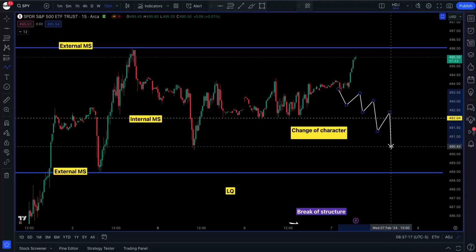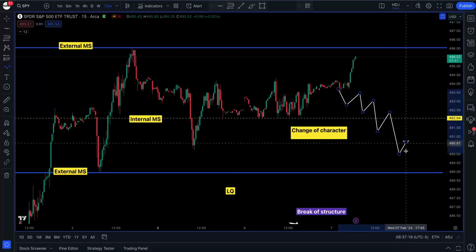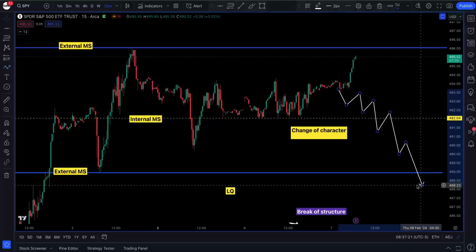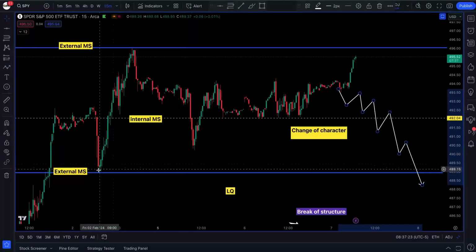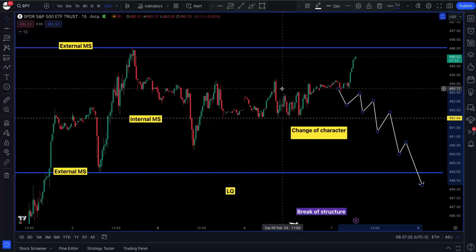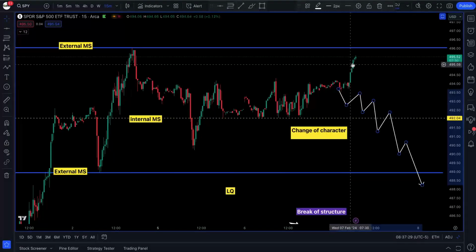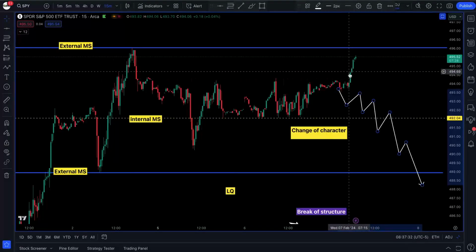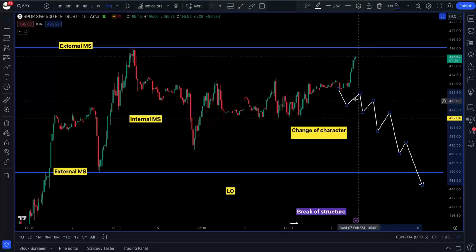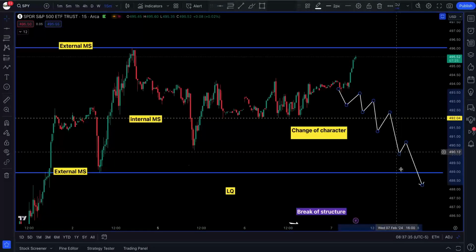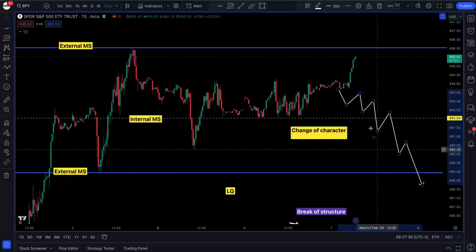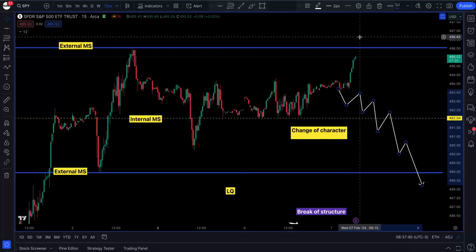Head to the downside to take out this low and this low. Now, we are in the next day right now. In pre-market, look at what's going on. Price did not decide to go to the downside to take liquidity. It's continuing to the upside.